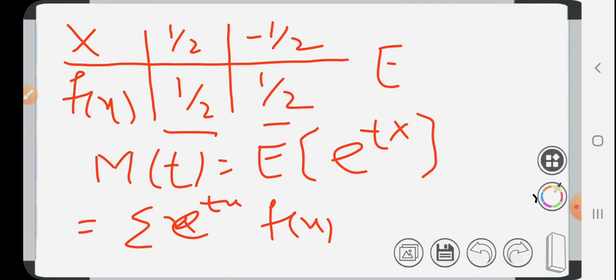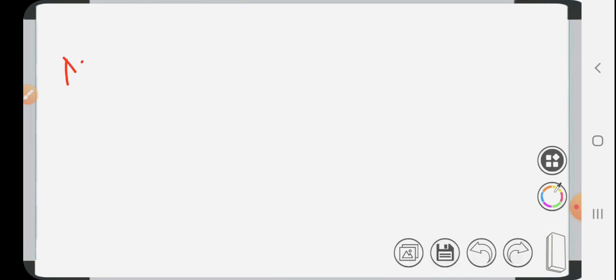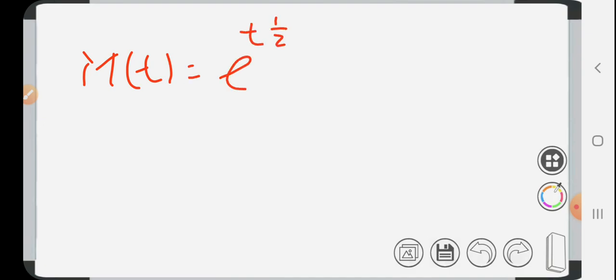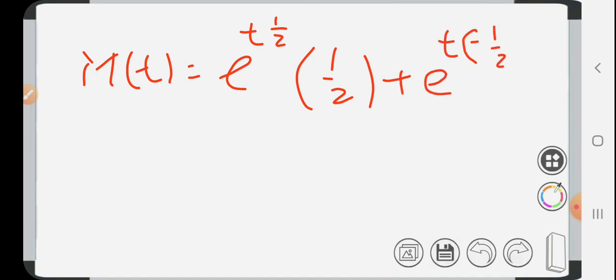So the moment generating function m of t is equal to e raised to t into the first value 1 by 2, into f of x which is again 1 by 2, plus e raised to t into the second value minus 1 by 2, and again probability is 1 by 2.